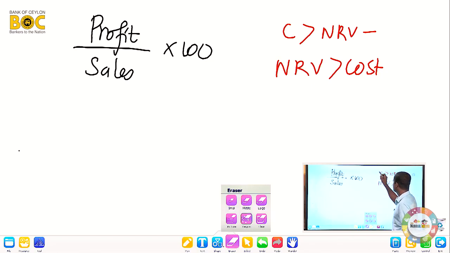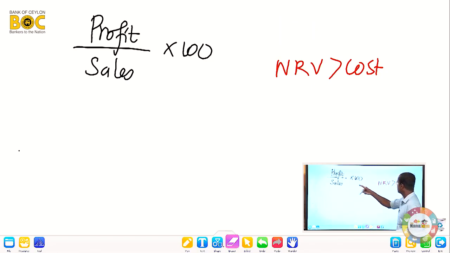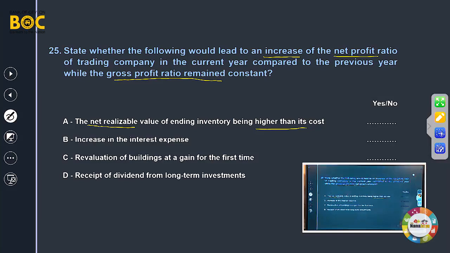You can write no. Why? Inventory gain we don't recognize, so it has no impact on these two variables.